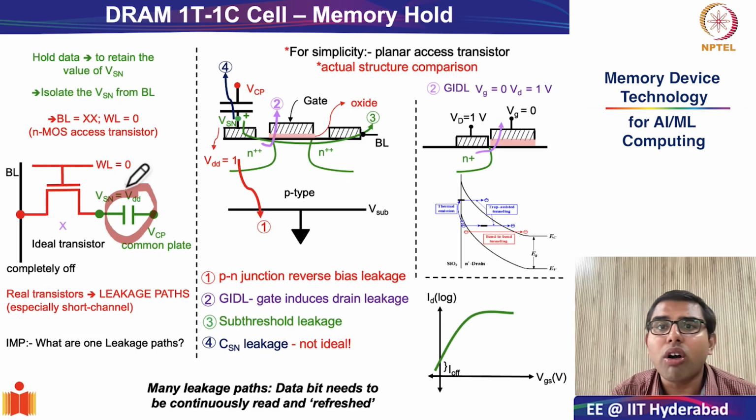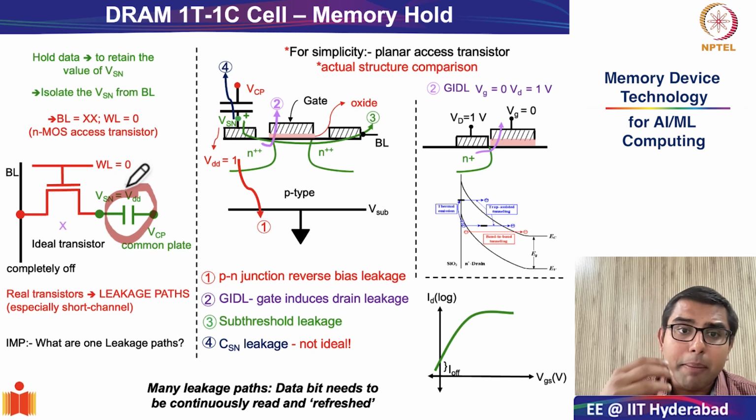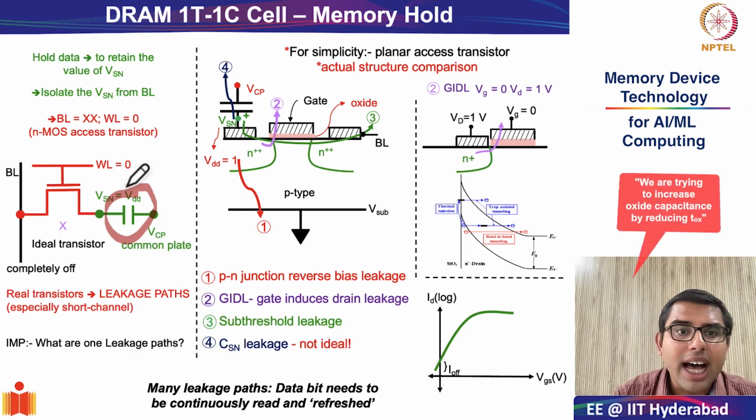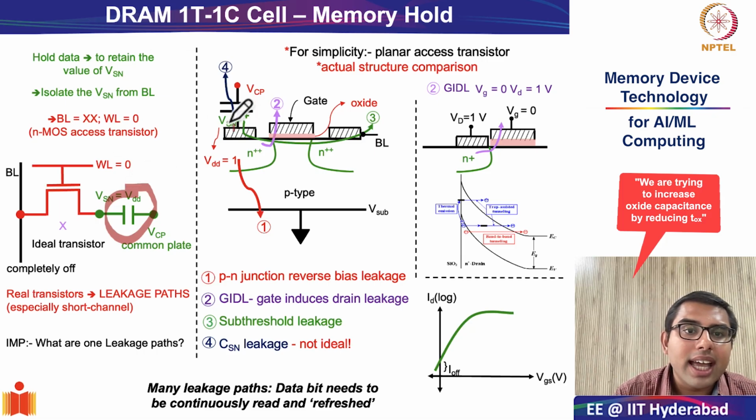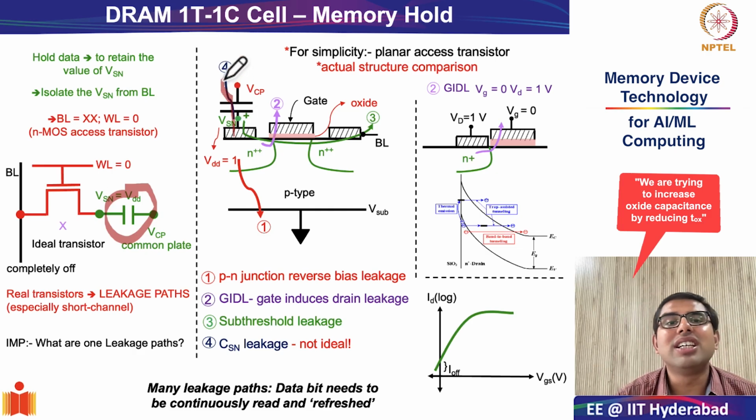Oxide capacitance is inversely proportional to Tox, so the smaller the Tox, the larger the oxide capacitance. In a bid to increase the capacitance, the capacitor deviates quite significantly from ideal behavior, and even the capacitor, which is ideally supposed to be an insulator, starts leaking.